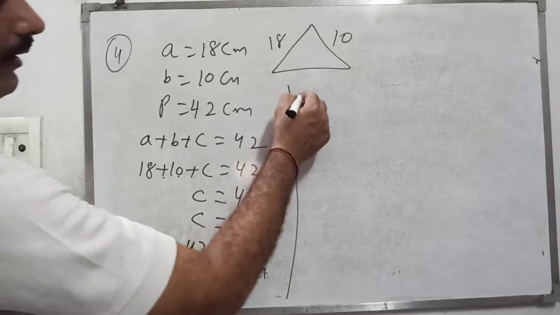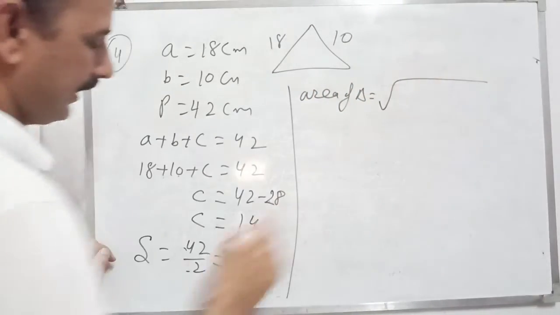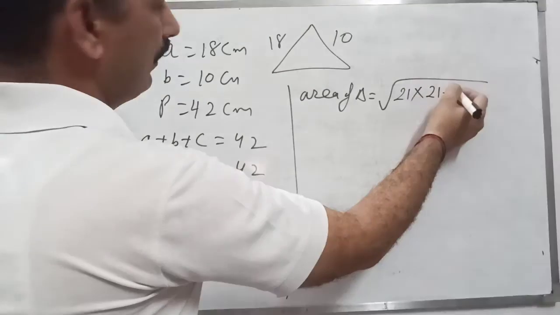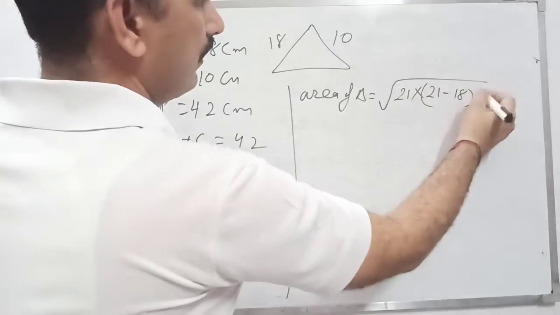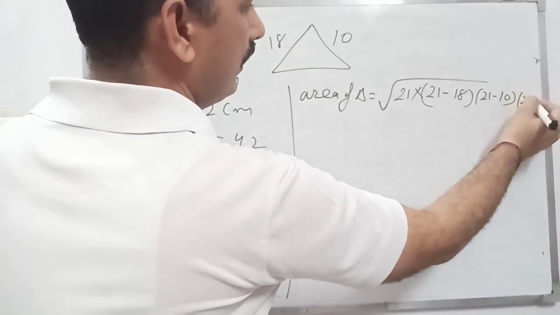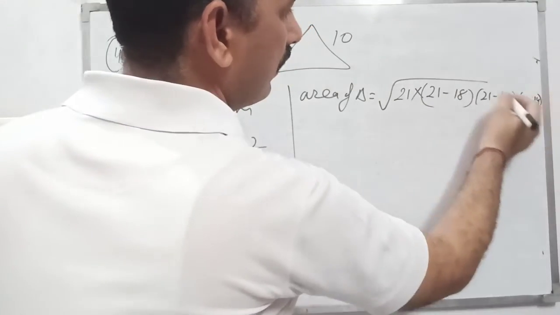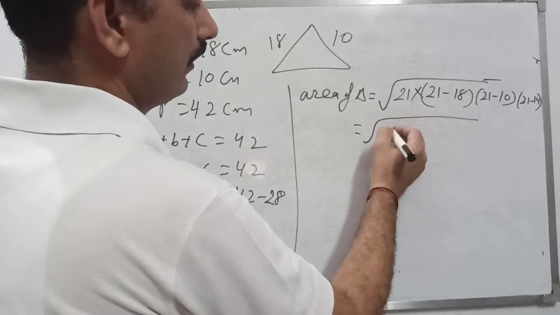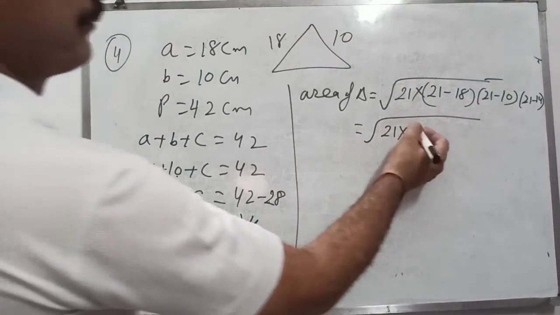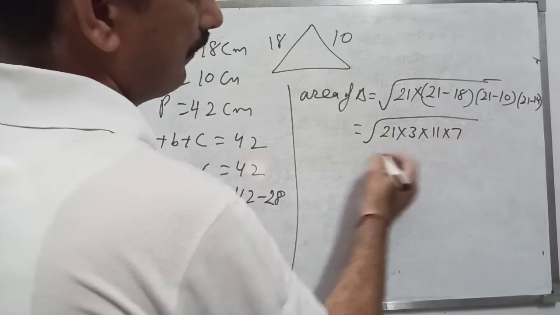Then we find the area of the triangle. So the area of the triangle is root of S, 21 into 21 minus 18, 21 minus 10 and 21 minus 14. So you get 21, then 3 into 11 into 7.